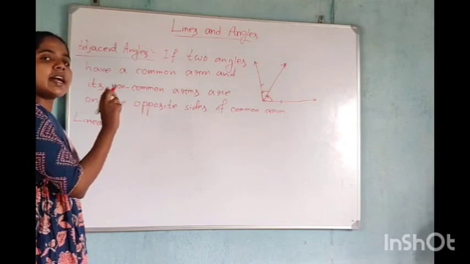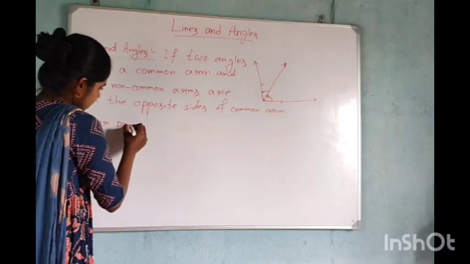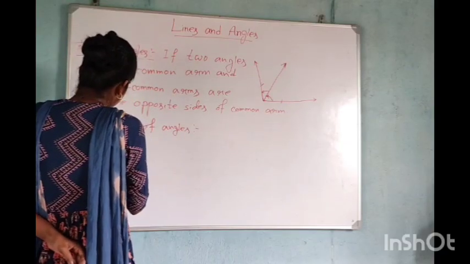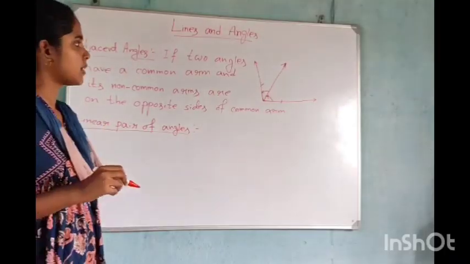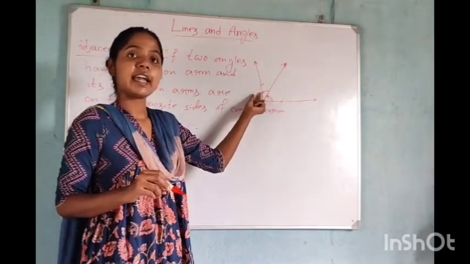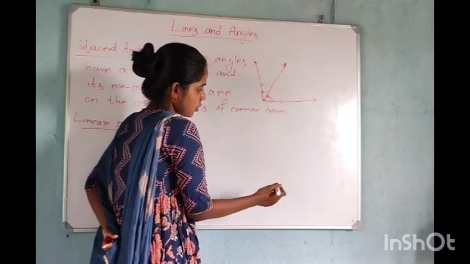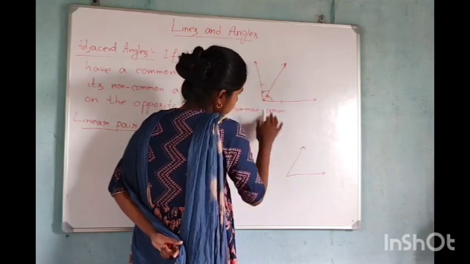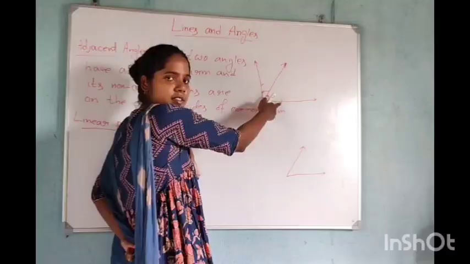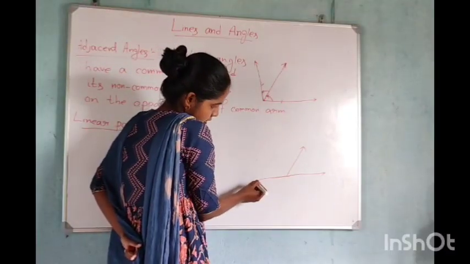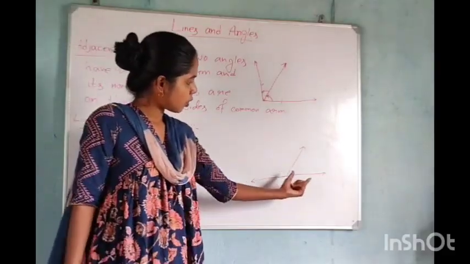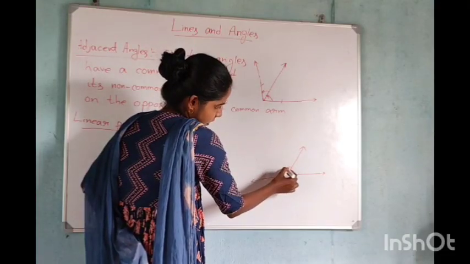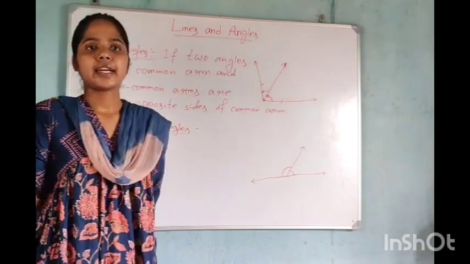Linear pair of angles are also adjacent angles, but in this particular type, if two adjacent angles have non-common arms that are exact opposite, means if I draw, if this ray is exact opposite of this ray, then they form these two angles, and these two angles are called linear pair of angles.